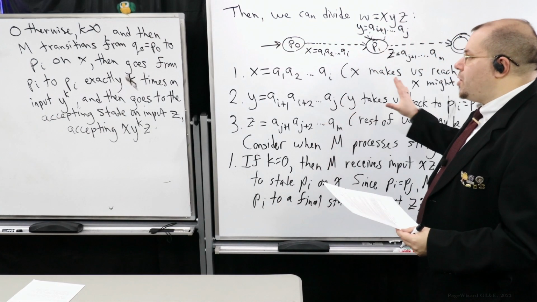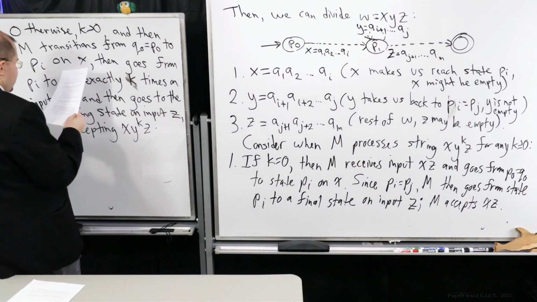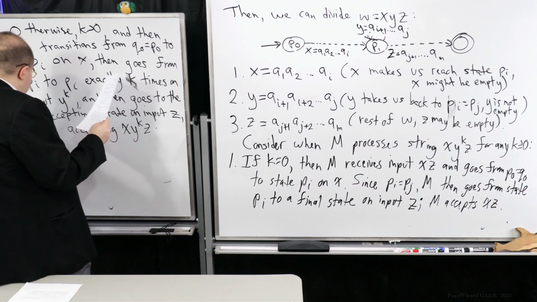Now that we've considered all possibilities that can happen with k, we can summarize the last condition and we've established the truth of the claim.